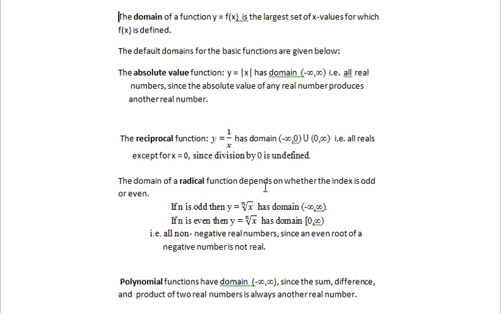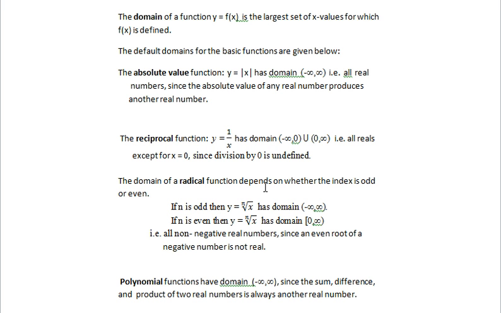The domain of a radical function depends on whether the index n is even or odd. If n is odd, then y equals the nth root of x has domain all real numbers, or the interval from negative infinity to infinity.